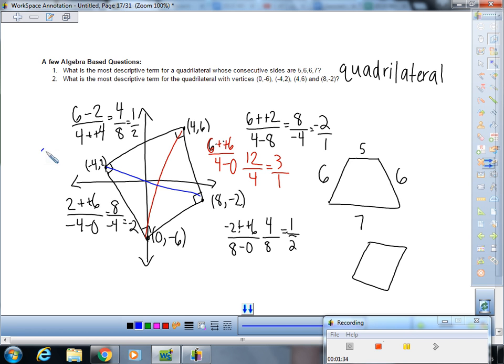So we have 2 minus -2 over -4 minus 8. So that gives us 4 over -12, which is -1/3. So since this one is -1/3, and this one is 3/1, these are opposite reciprocals of each other, so they are perpendicular bisectors of each other, so this one is a square.